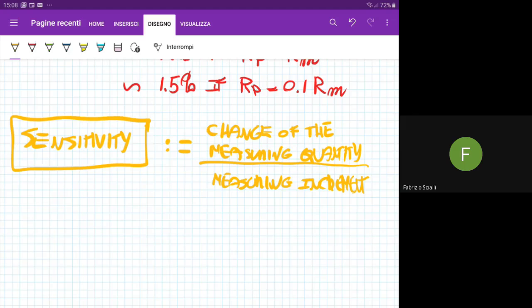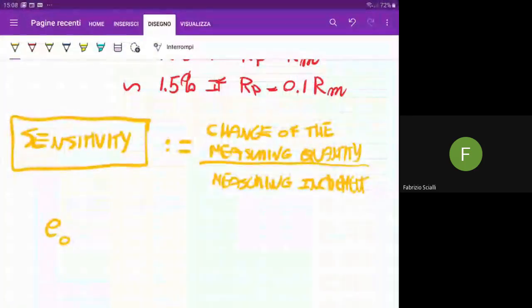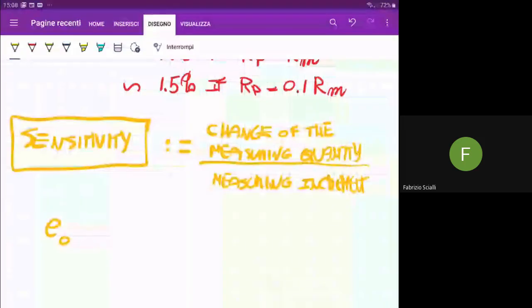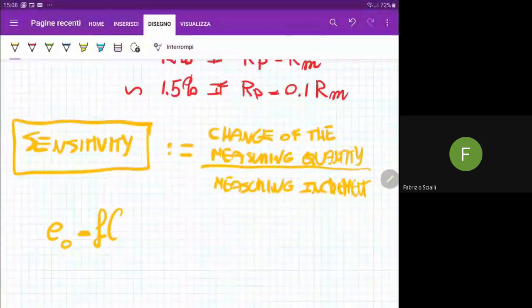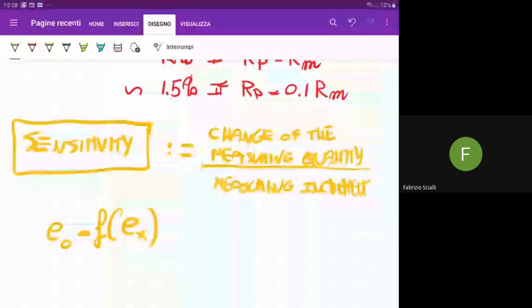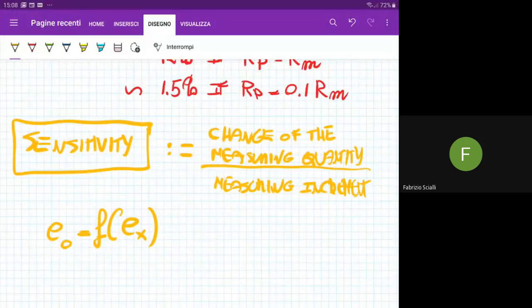Okay, so in our case, the output tension, that is the quantity that you're going to measure, and to which the unknown physical quantity displacement relates, is a function of your input tension, all the other parameters being constant, that is the potentiometer itself, so the maximum value of the potentiometer resistance.